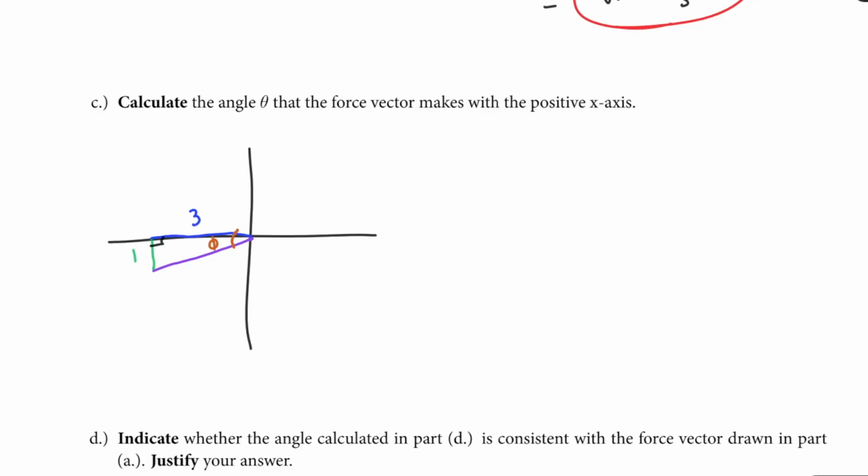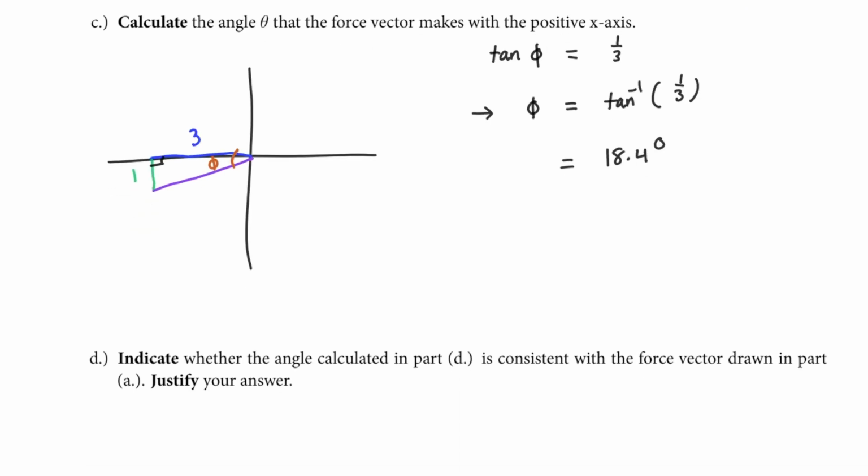So we can see that the tangent of phi is going to be equal to 1/3. So this angle phi inside the triangle is just going to be arctan or inverse tangent of 1/3. And that's going to be roughly like 18 degrees. Let's get it to 1 decimal point. 18.4 degrees.